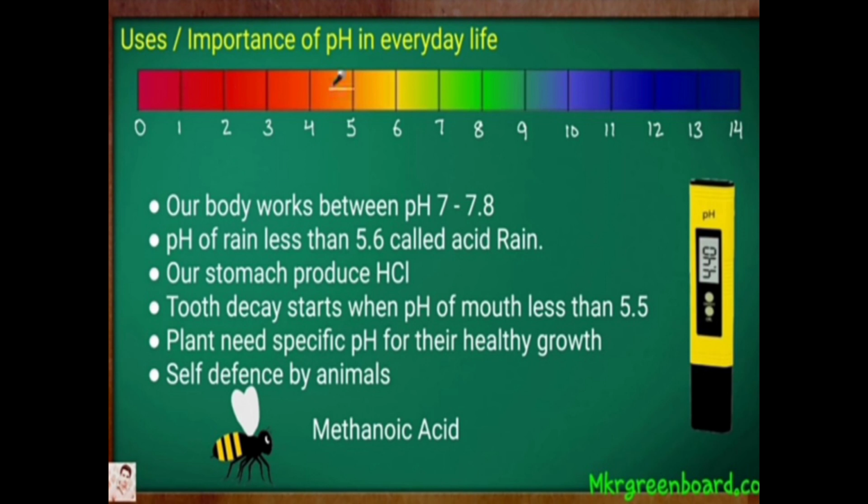To get rid of this pain and irritation, we use bases such as antacids. Antacids are bases which give us relief from pain and irritation. They break down the excess acid that is produced in our stomach.